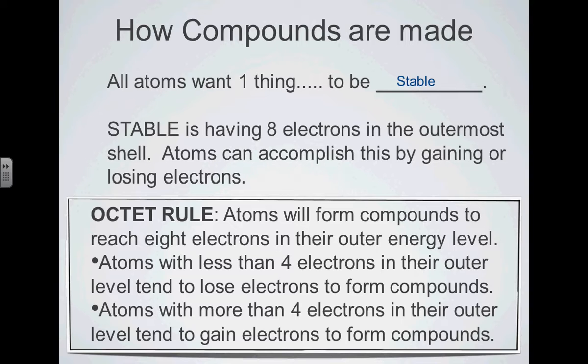How do they lose them? Basically, they can give them away. So give them away to another atom. So if an atom has 1 extra electron in its outer shell and wants to get rid of it, who's it going to find? Cole? A compound that needs another one?